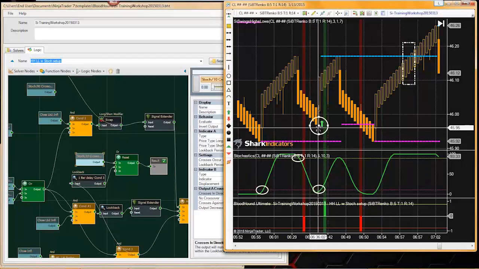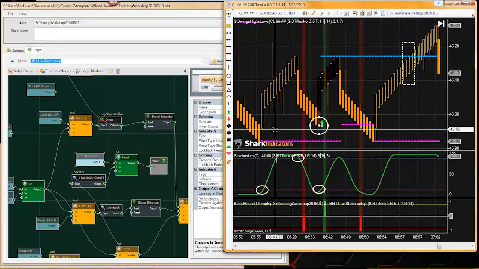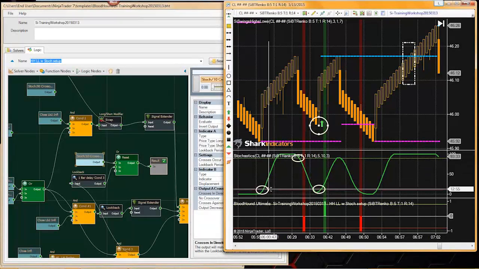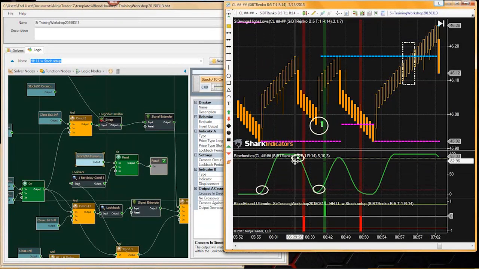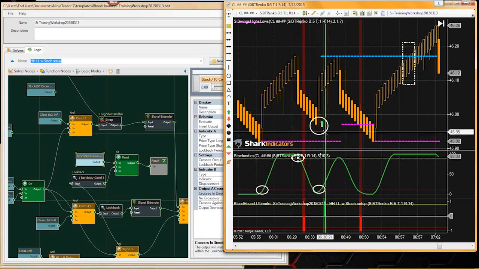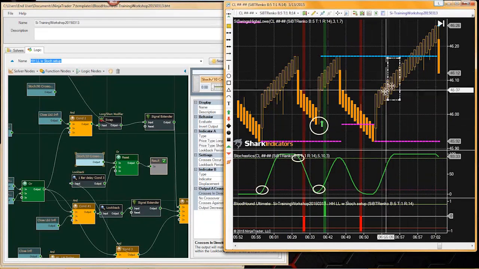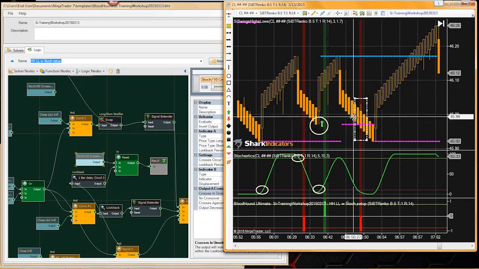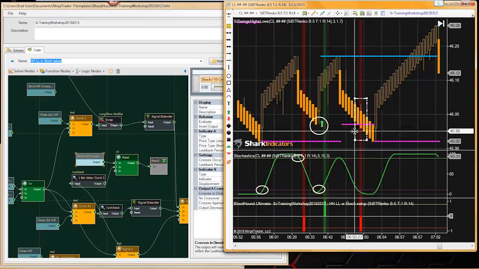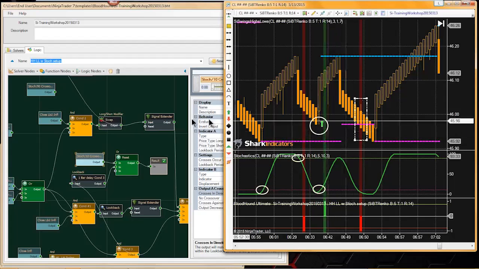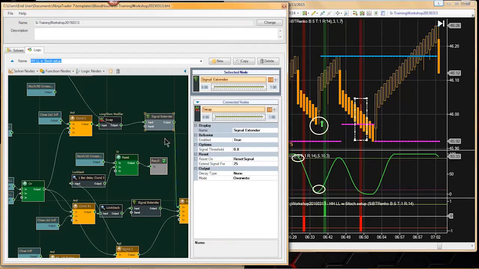So we're going to have to use this long output to turn off the signal extenders when the signal extenders are holding on to a long condition number 1 and a long condition number 2. So long condition number 3 is our reset and is giving us a long output. So I want this failed condition 3 to also give us a long output as well. We're using the same long output to reset our signal extenders.